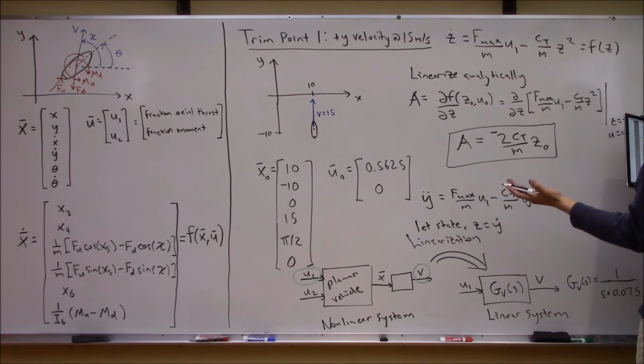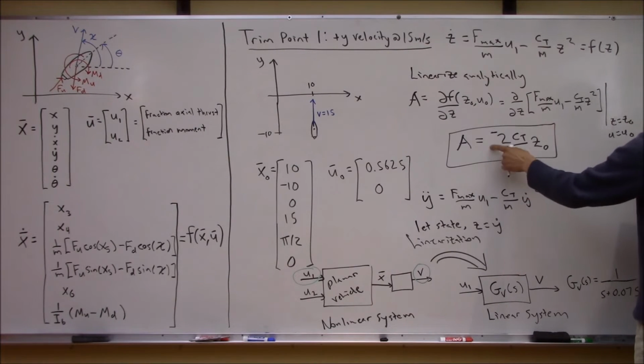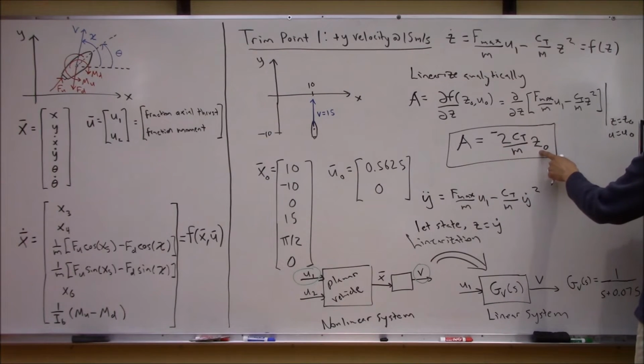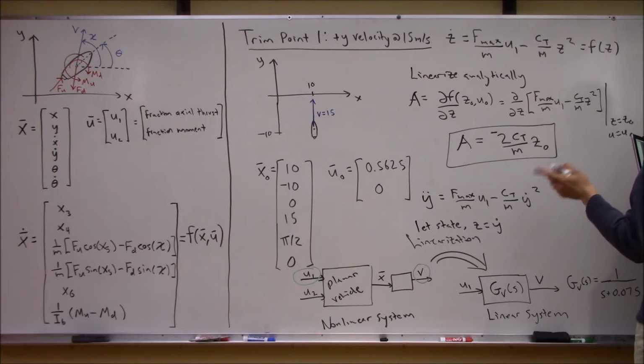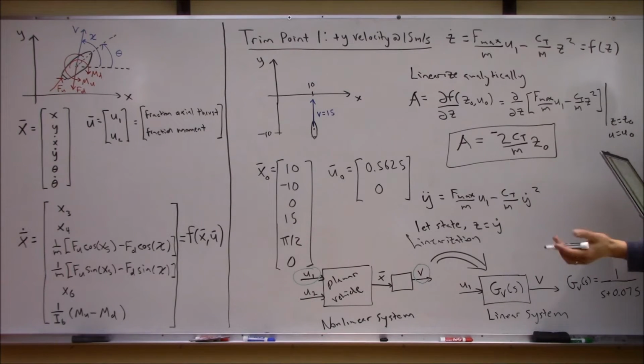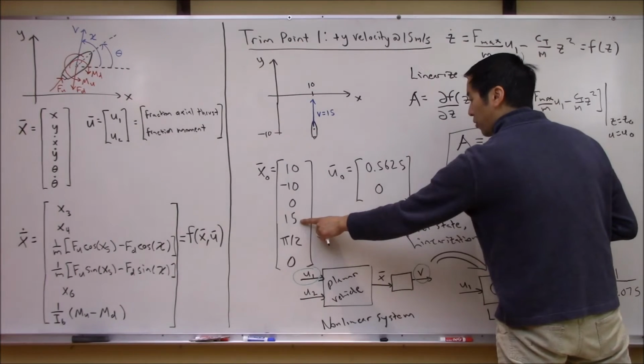So again, this is an interesting point, but also it's probably expected. We notice here that the A matrix is a function of the trim point. In this case, this is our trim velocity. So in this case, we want z naught to be equal to, well, it's 15, right? That's the velocity that we're trimming about, right? That's our trim speed.